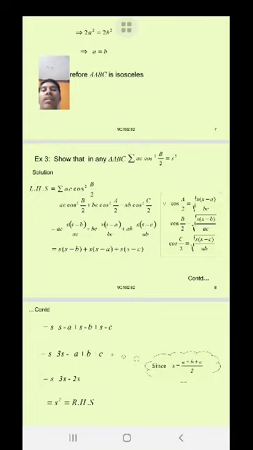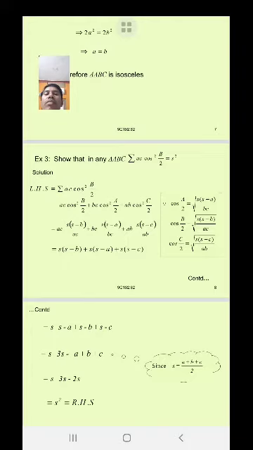See how we will write. AC into cos square B by 2 is given. After A we have B, so for B, C and A come. So B into A, here you can see the third term. BA and AB are the same, so AB, and after B comes C, so cos square C by 2. Now see the middle term. From the third term we write the middle term.